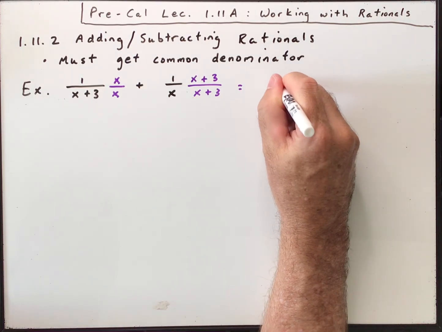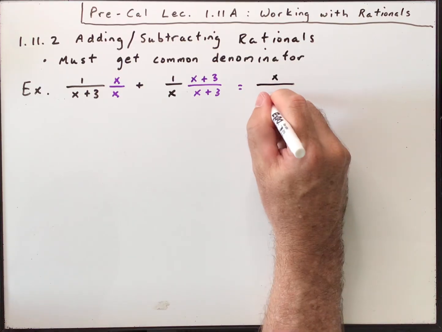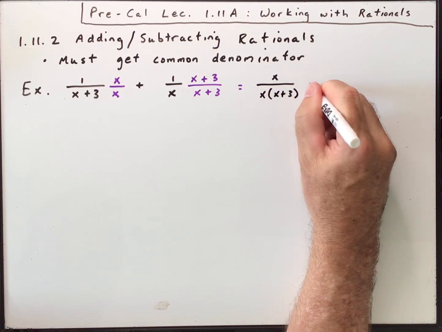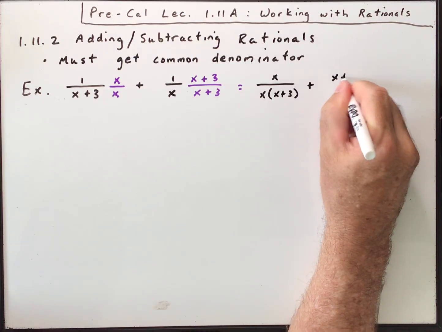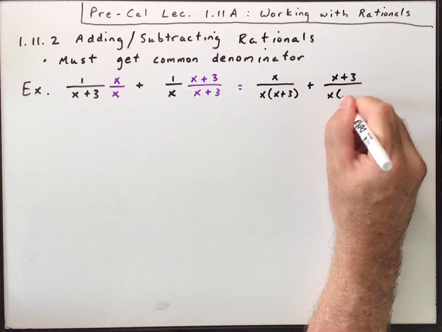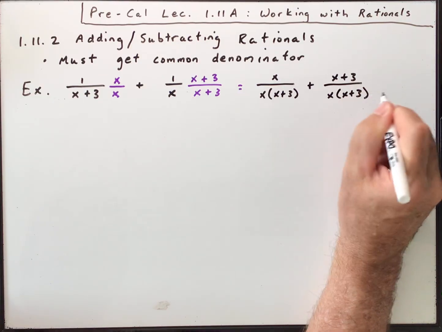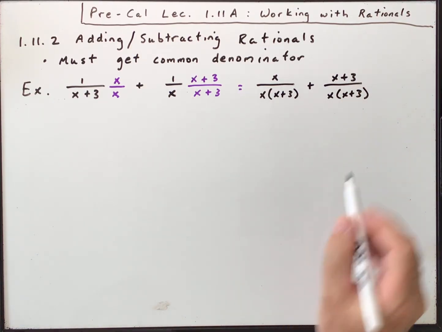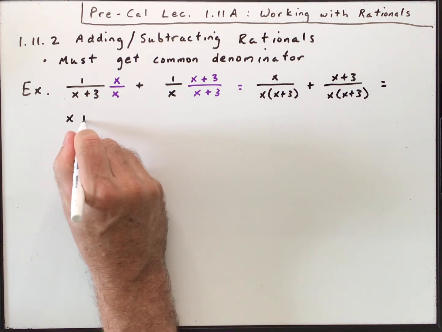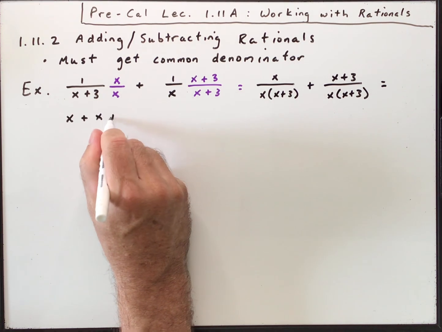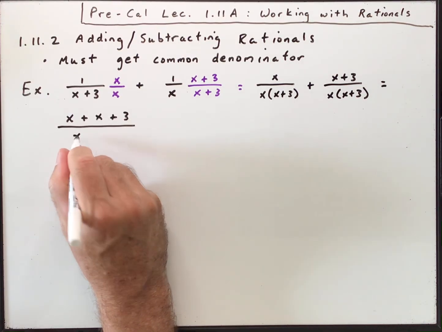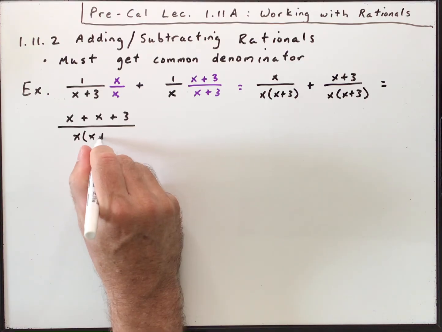So we've got now x over x times x plus 3 plus x plus 3, our second term, over x times x plus 3. Now we have a common denominator, and we can just add the top. So we have x plus 3, and we can express the denominator just in one term and get it all into one fraction.